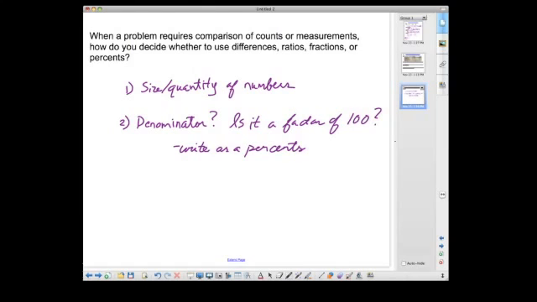So in terms of a difference, we just introduced a difference today. And when you're looking at a difference, it's really almost a last resort. So a difference statement is a last resort.